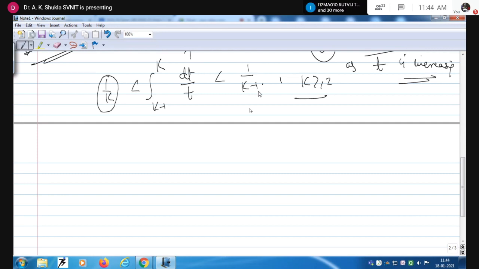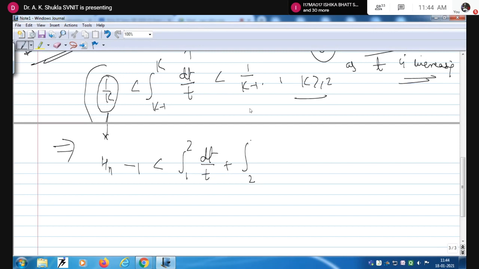So here we can now write, which implies, the value of this becomes Hn minus 1, less than: starting from 2, so 2 minus 1, this is 1, this is 2, the integral of dt over t.